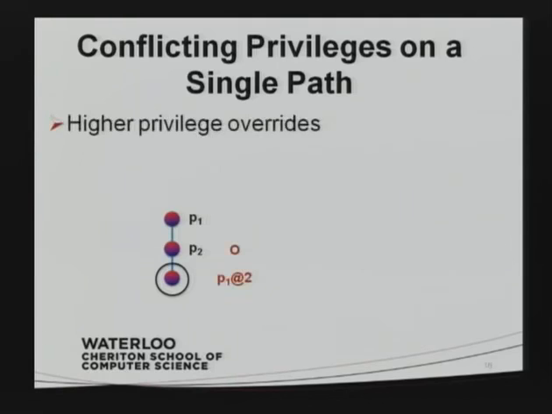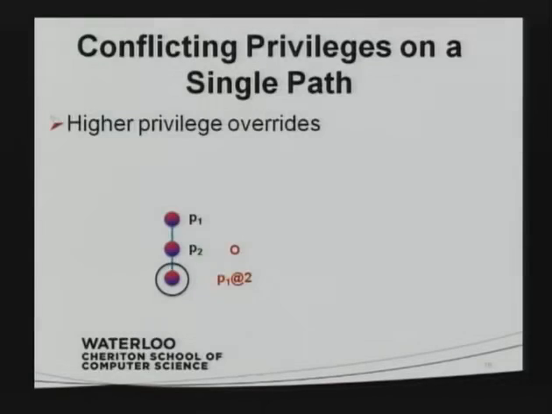Three ways that I could deal with this situation that I can encode in my policy. One is the higher privilege overrides the lower one. So company policy trumps whatever anybody in the company wants to say. If the company says you do have permission on this, then nobody is allowed to say you're not, or the other way around.